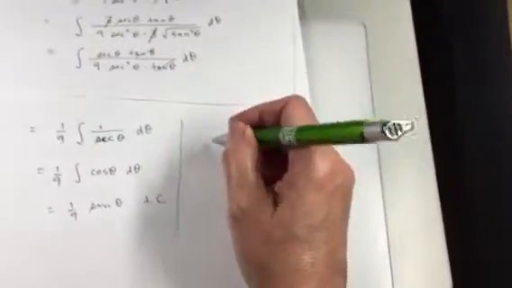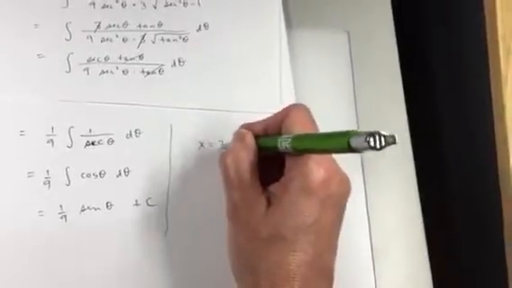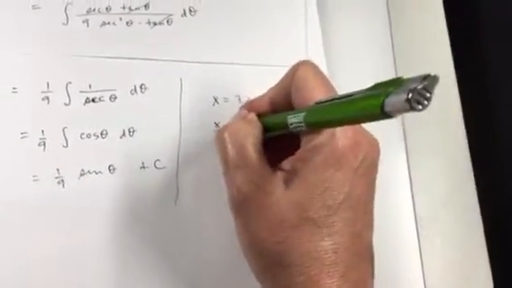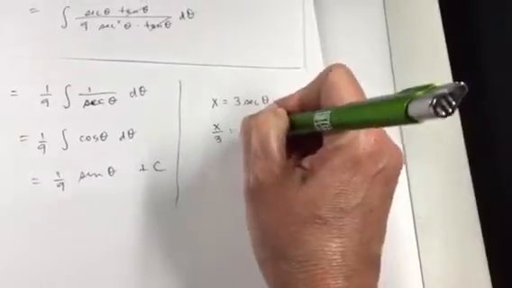Not finished yet. What do I have to do? I gotta go back to x. So, I had this, x equals 3 secant theta. So now I'm remembering, I can write x over 3 is secant theta.